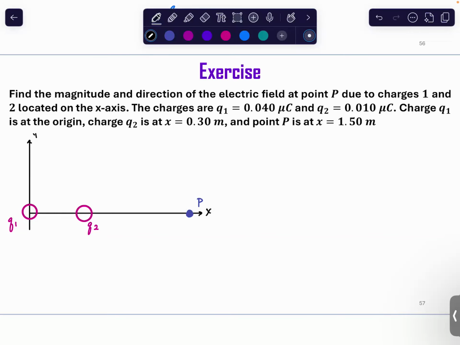Alrighty, so let's see here. There's 0.3 meters.